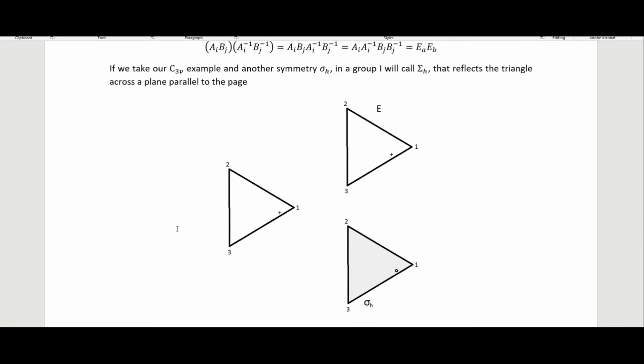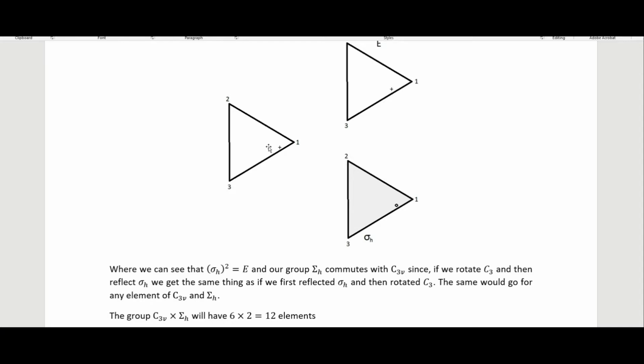And so to make it a little more concrete, if we take our C3V group that we've been using as an example, we can add another symmetry, which is this sigma sub h, in a group that I'll call uppercase sigma sub h. This new symmetry reflects the triangle across a plane parallel to the page.